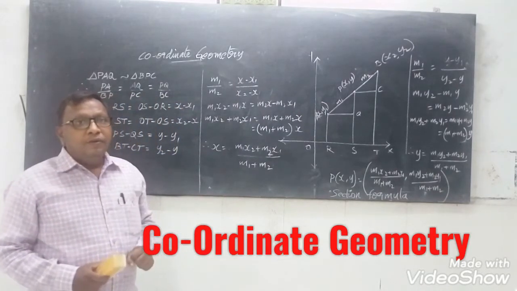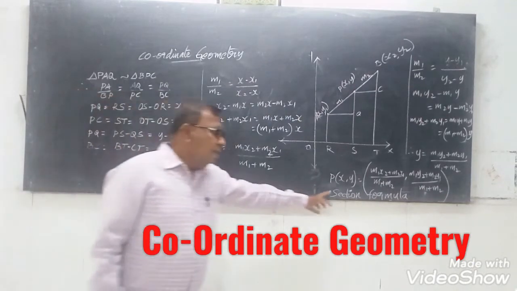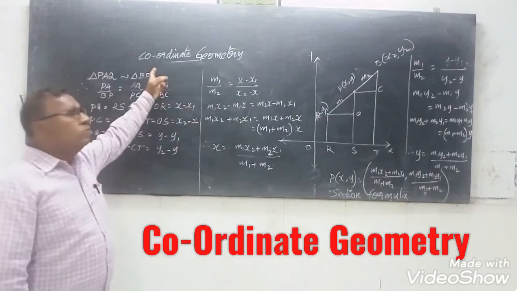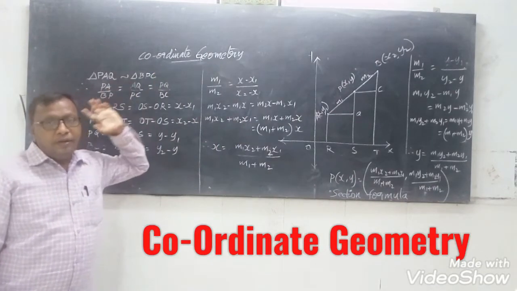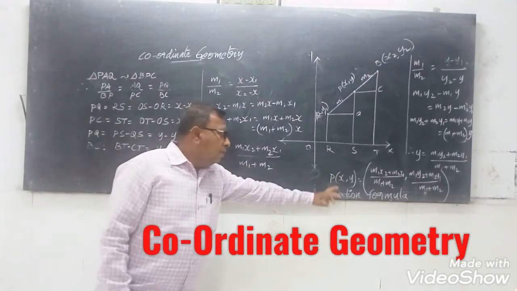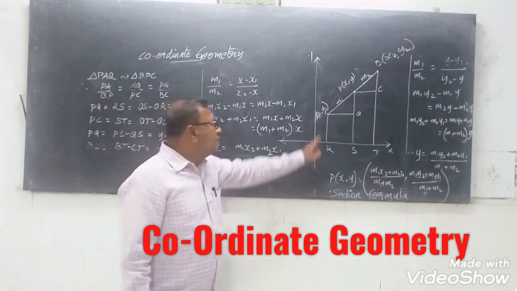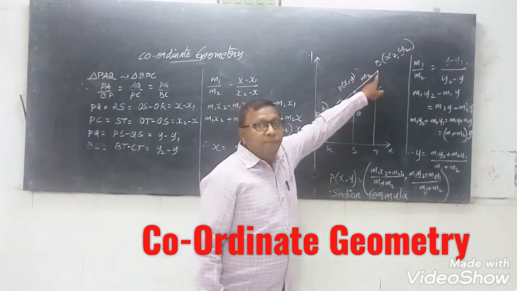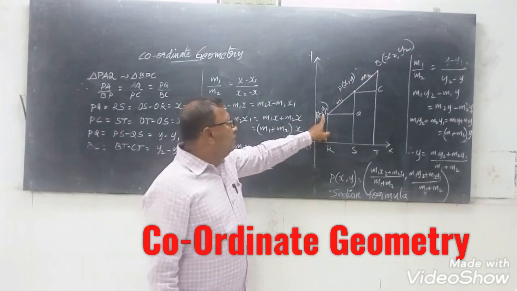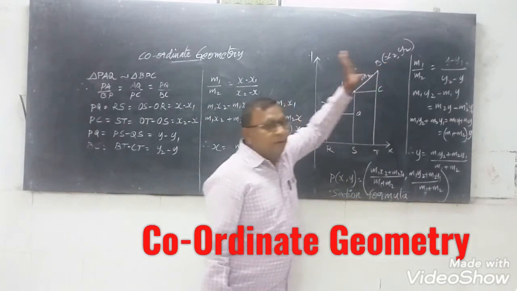So today we shall be discussing the section formula in the chapter coordinate geometry. Now, to get this formula, let us consider two points, A and B. For A the coordinates are x1, y1 and for B the coordinates are x2, y2.